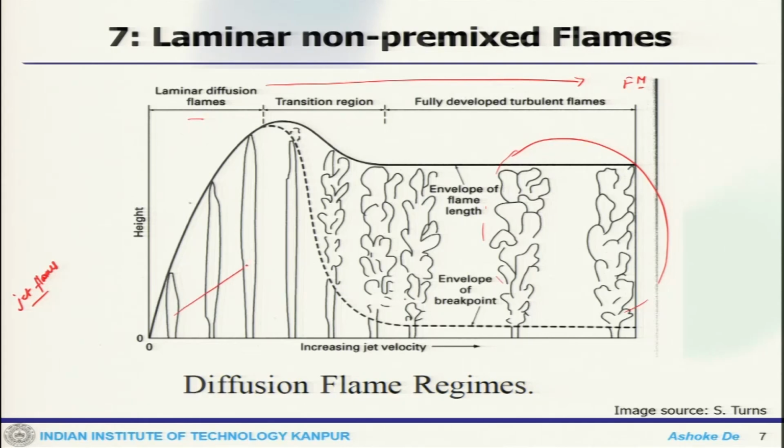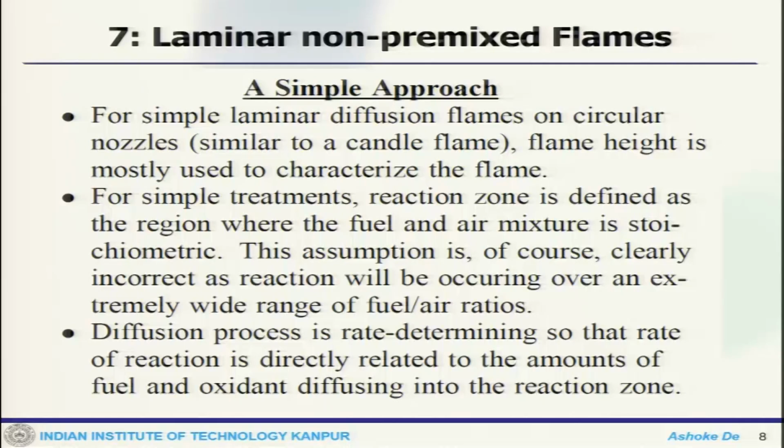Once transition takes place, the structure gets distorted in this zone and it becomes completely chaotic when it goes to the turbulent zone. So, we can do some analysis of that.